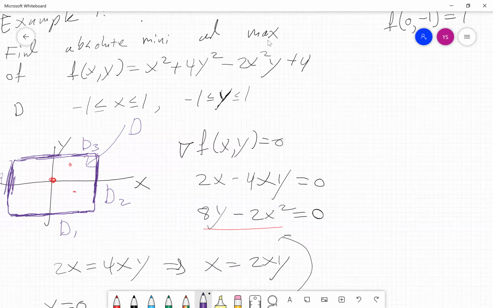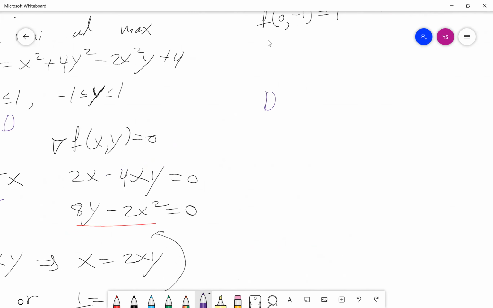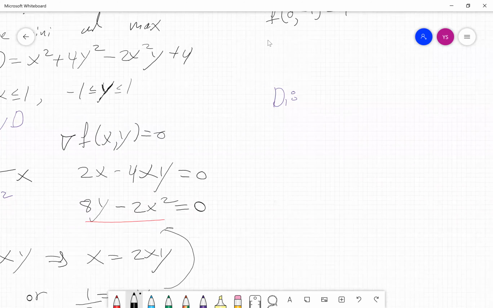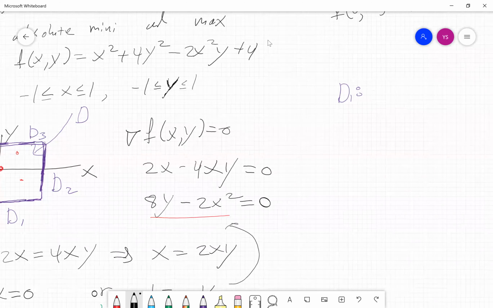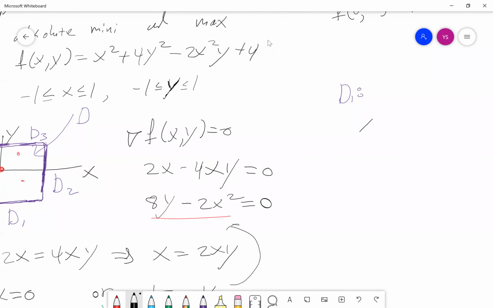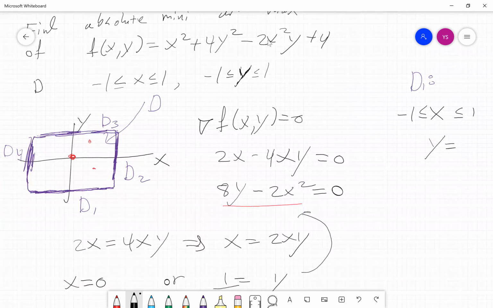So let's start working on the D1 boundary. In D1, x is bounded. So x varies between -1 and 1. So we can write that x is bigger than -1 and x is less than 1. And y, what is y on this boundary?